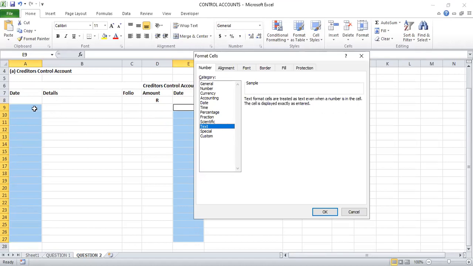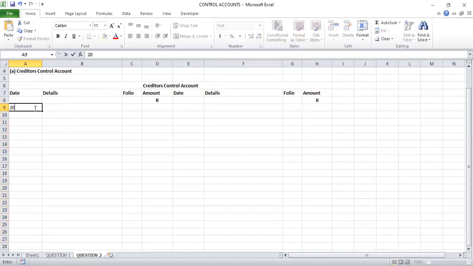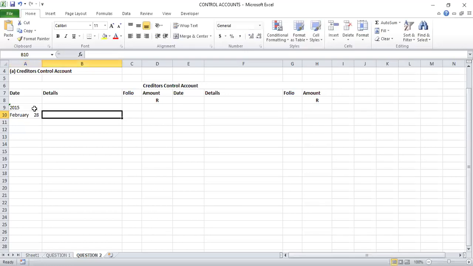We call them the balances brought forward.